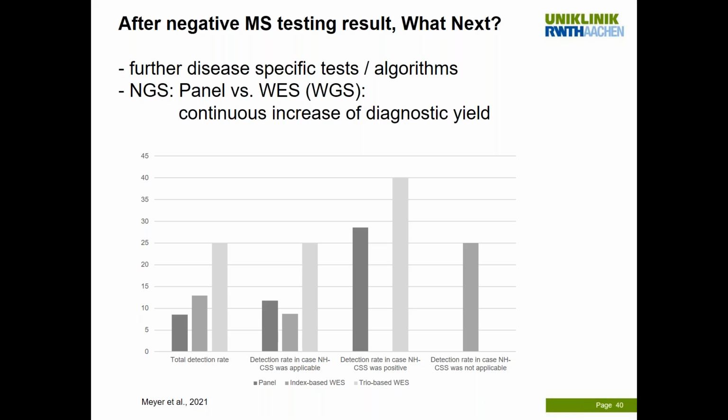Several published studies from other monogenetic disorders have shown that NGS will significantly increase the diagnostic yield in these disorders. Therefore, NGS probably is the next step after negative testing results from the first-line approaches.